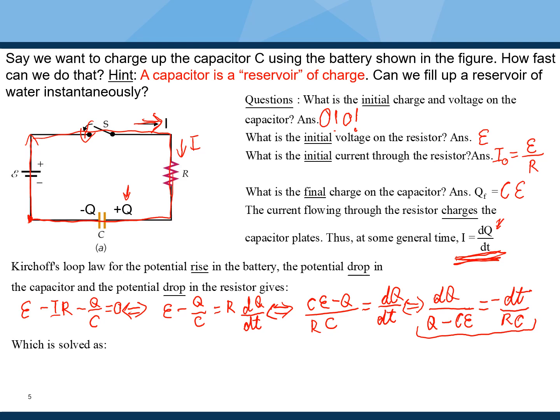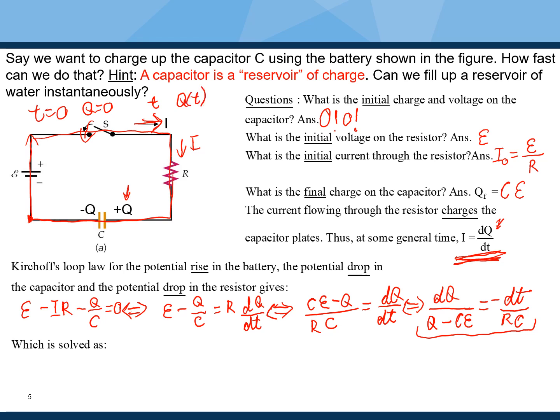We realize that at time t equal to 0, we have Q equal to 0. At some general time t, we have a charge given by Q at that general time t.